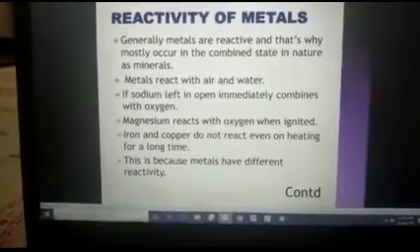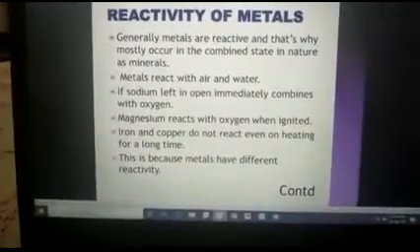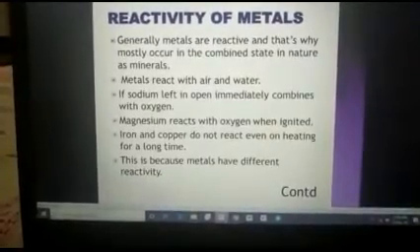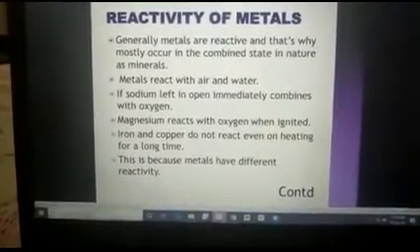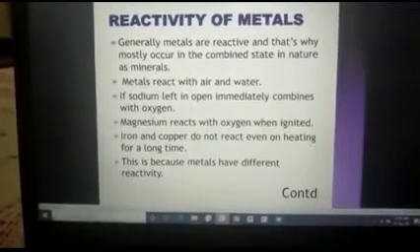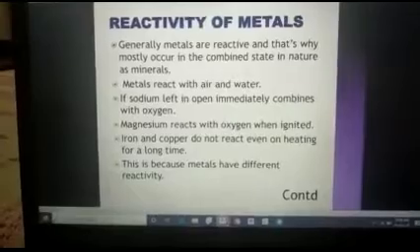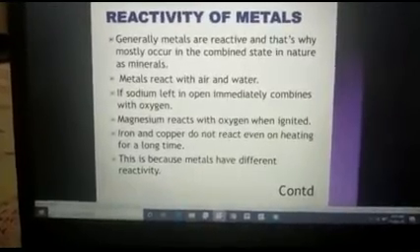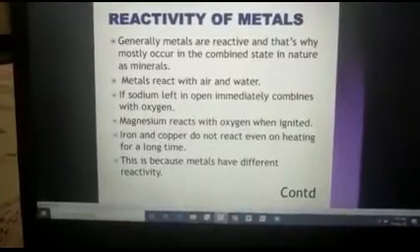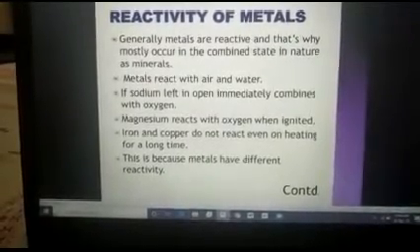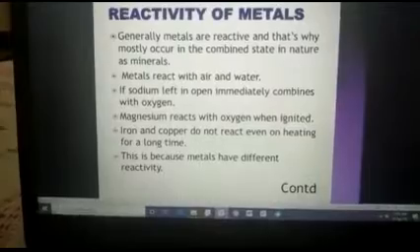If they reacted, then what would happen? We would be unable to use them for jewelry purposes. We would be unable to touch them frequently, because we are not touching reactive metals frequently. Okay, please don't consider that we are not touching iron and copper. Yes, we are touching them because they are also less reactive, but when they are corroded, they are also poisonous.